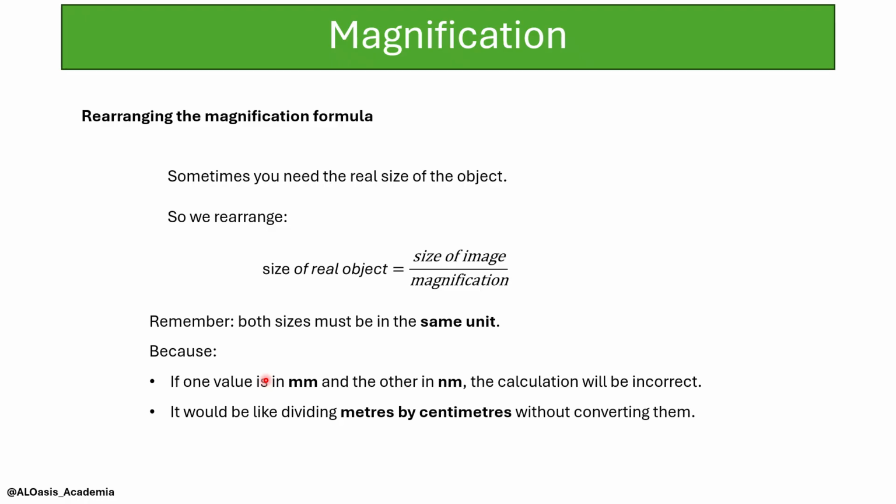Otherwise the whole calculation will be incorrect. It's like dividing meters by centimeters, so everything will be wrong, and you will lose a lot of marks for something that easy. Always remember to rearrange the equation in the right way and make sure that the units are correct and the same.